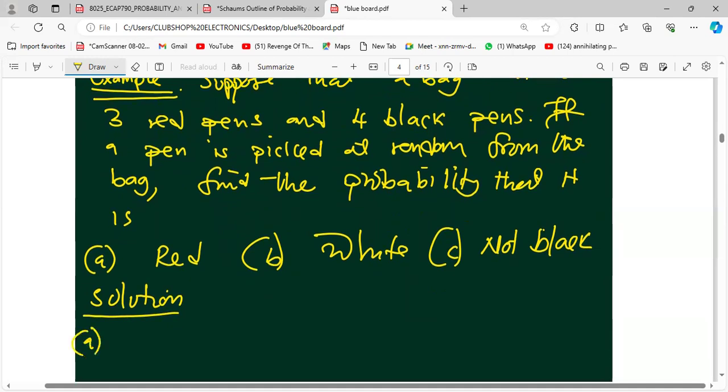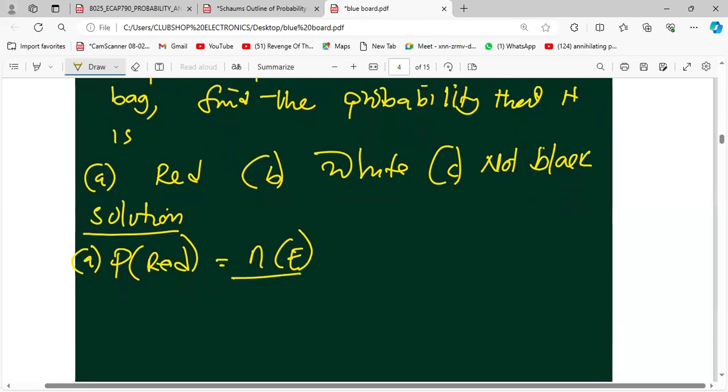So A, we are saying probability that it is red is equal to the number of favorable outcomes divided by the number of all possible outcomes. What does this give us?